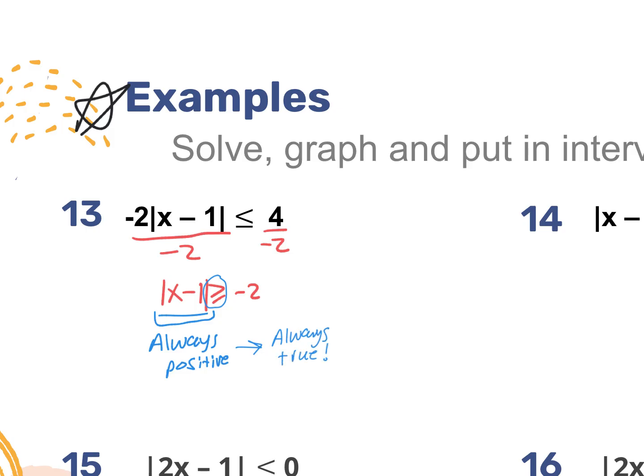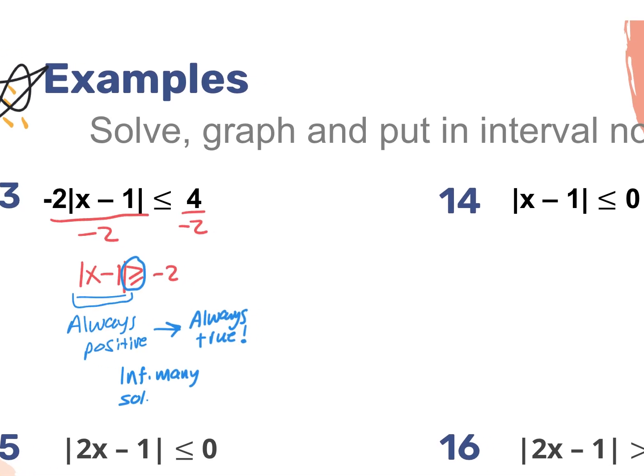So this is really going to have infinitely many solutions. There's not a single number I can plug in that's not going to make this a valid statement. In interval notation, to denote infinitely many, it would be from -infinity to infinity. So that's one special case.